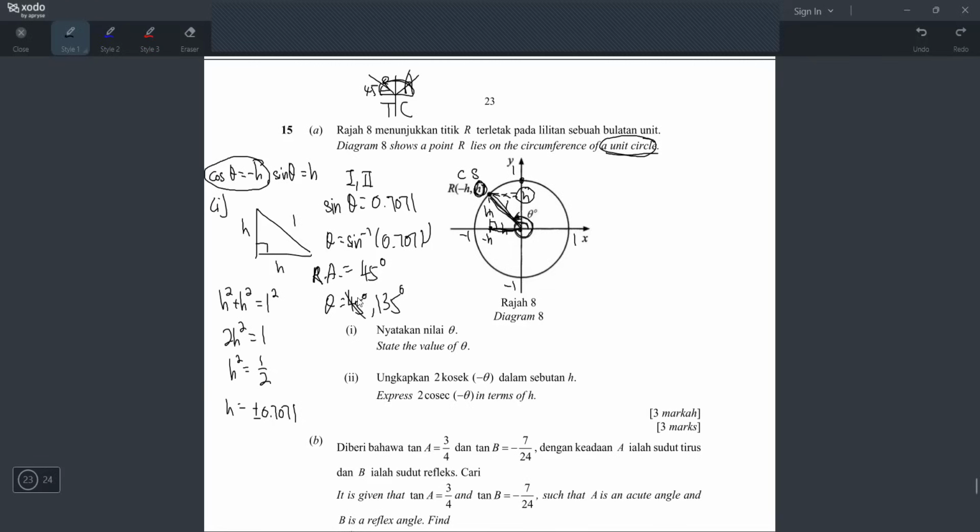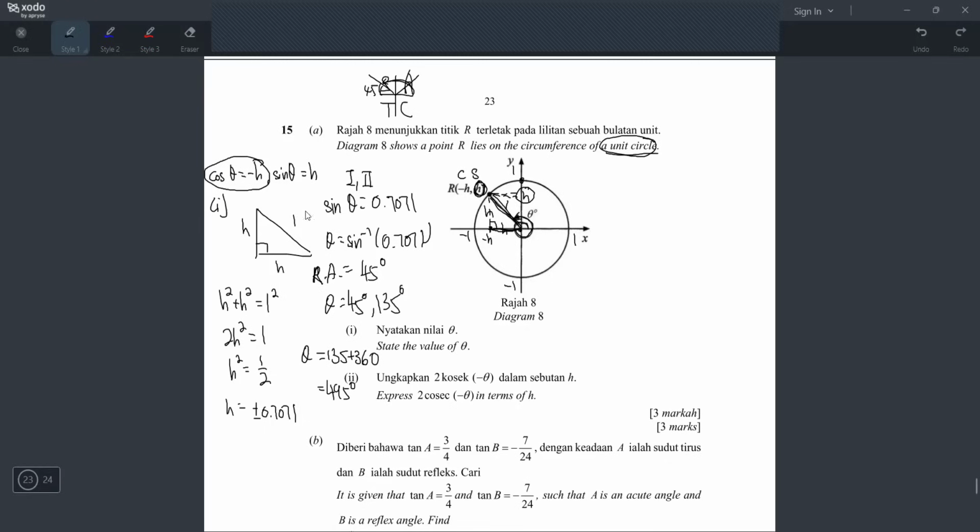It's confirmed 135. But if you look carefully, it's 135 plus 360, because they rotate one round first, then add 135. So what is the real theta here? 135 plus 360. Now we press the calculator and we get 495. So this is the correct answer. Hope you understand why I plus 360, because they add one cycle, one round.